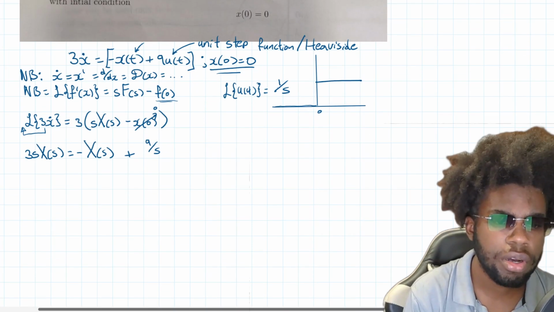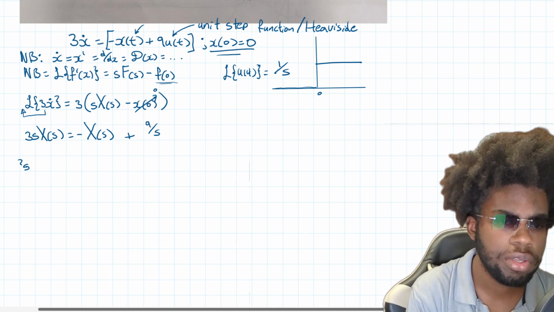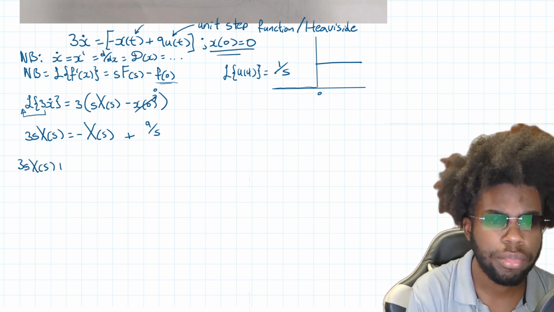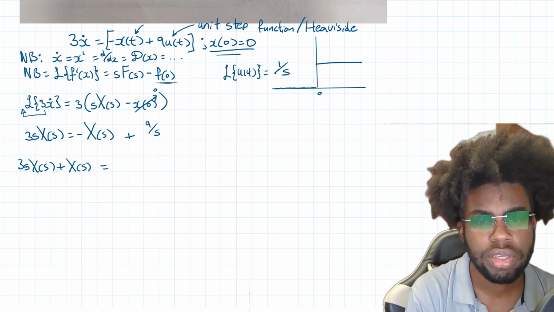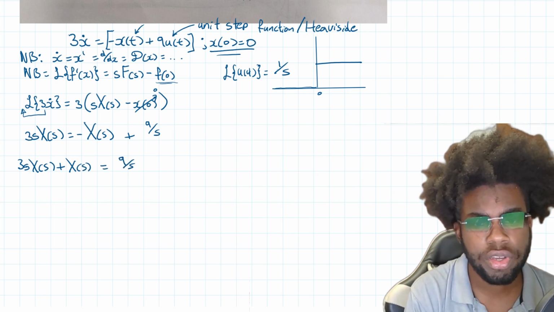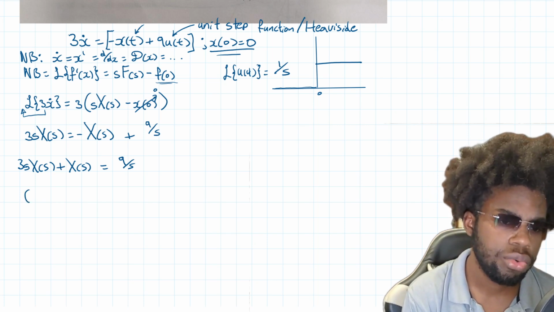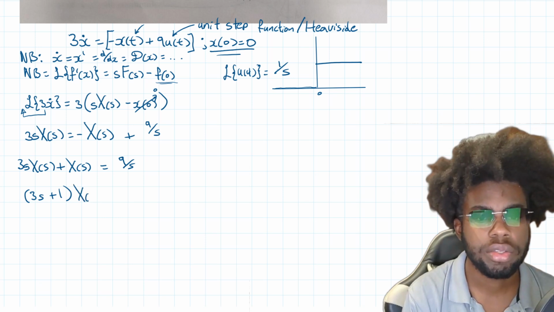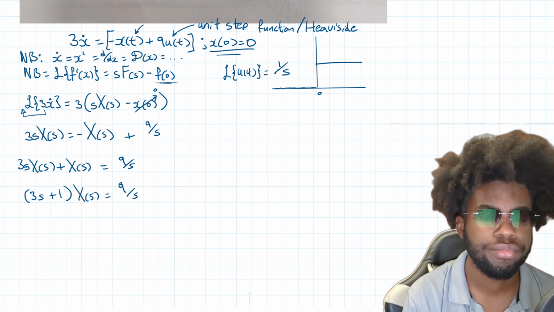Now let's group all of our X of s terms on one side. So this will give us 3s X of s plus X of s, adding it to both sides, is equal to 9 over s. Pulling out the X of s from this, we get (3s plus 1) X of s being equal to 9 over s.